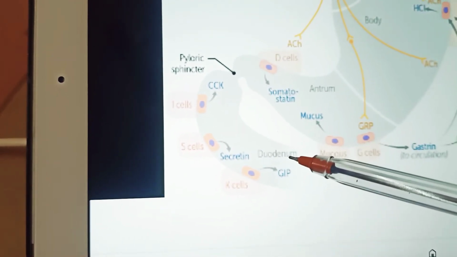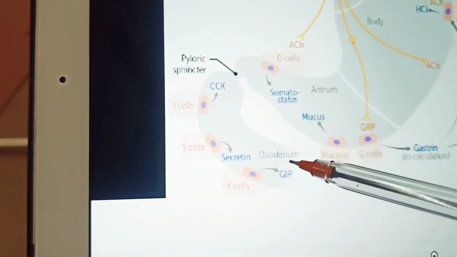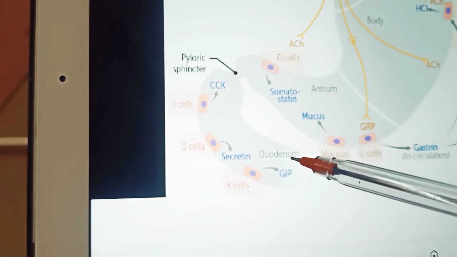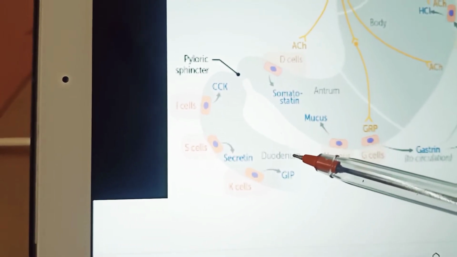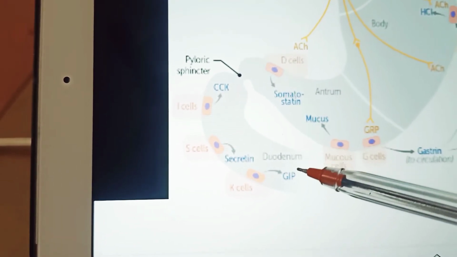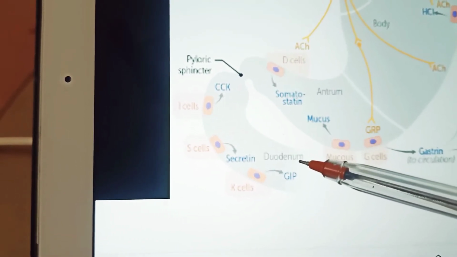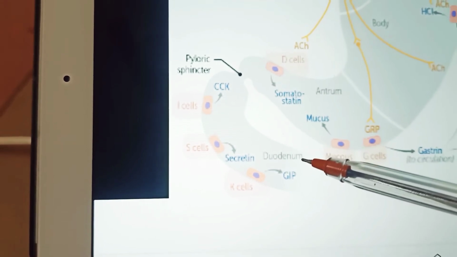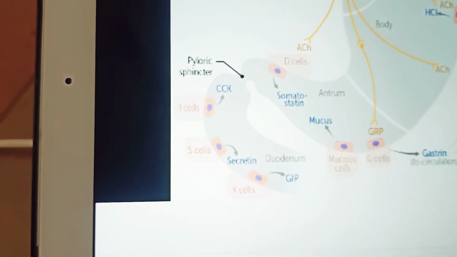It is also called gastric inhibitory peptide. Oral glucose load increases insulin compared to the IV equivalent because of GIP secretion.